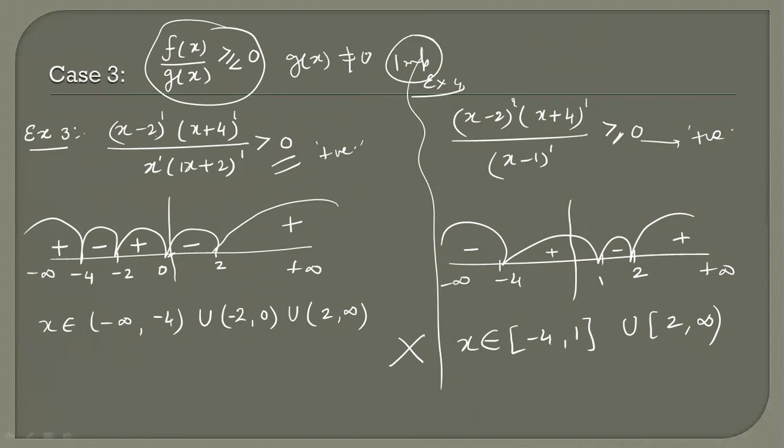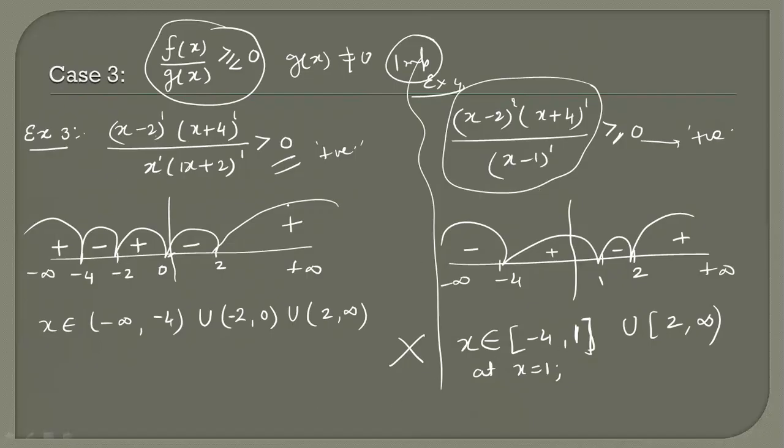If you use a closed interval at 1, it means at x equal to 1 this factor is going to be infinity, or g(x) is not defined here. Because g(1) is 0, it will be something upon 0, so infinity. It means the function is not defined.